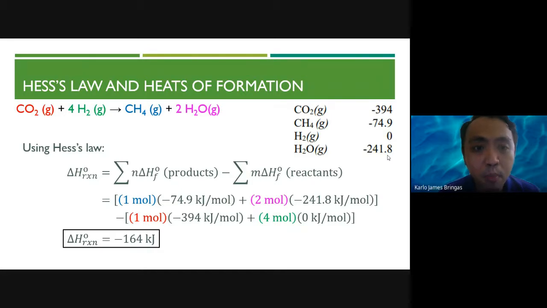So for example number 2, are there any questions ba on how we solve this one?